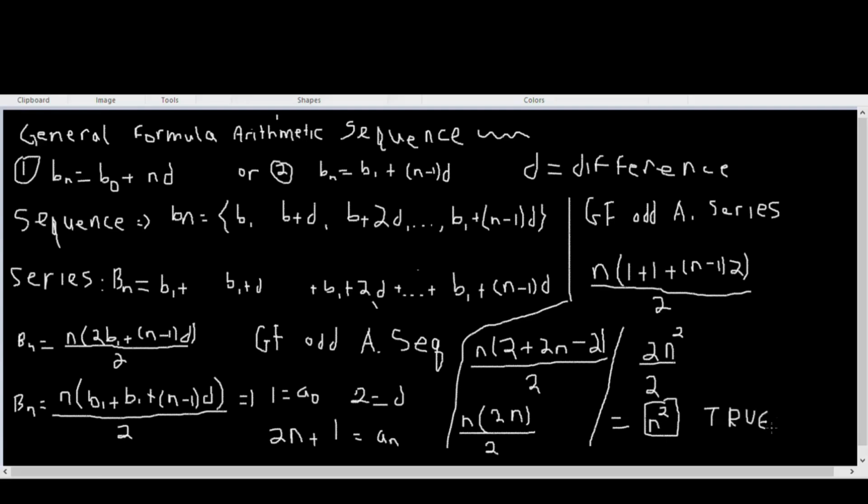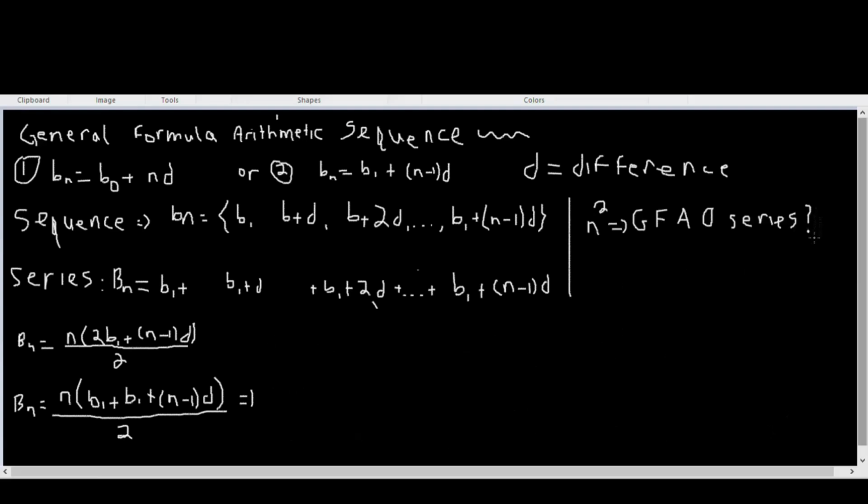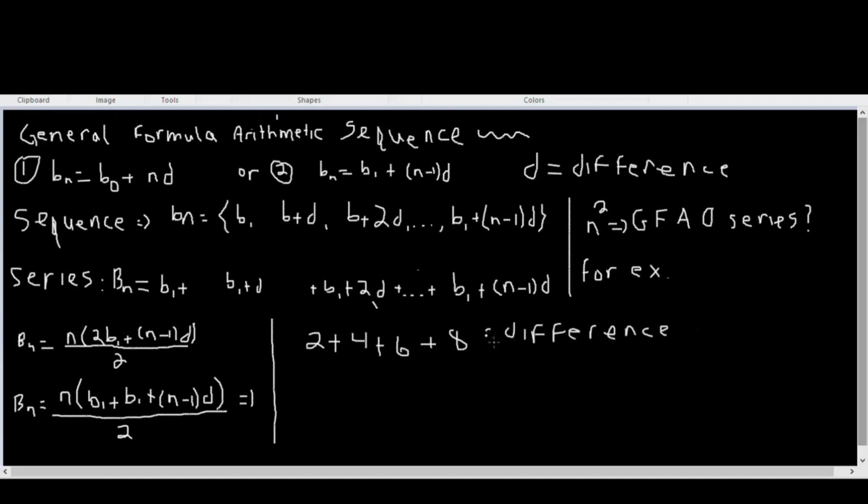And that's the general formula for the odd arithmetic series. Is that true? Let's check it out. For example, just consider any series. If we want to find the general formula for the sequence, all we have to do is find the difference. If we can make a duplicate of the series and then subtract the series, well, it's going to be 0.